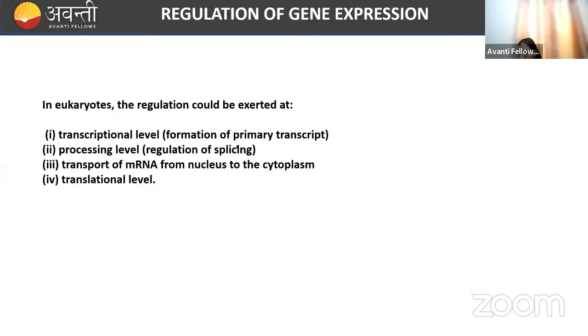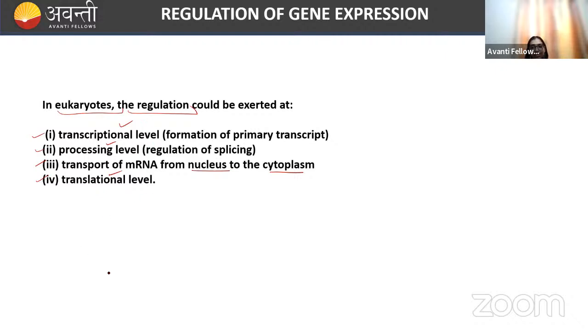Now, regulation of gene expression. In eukaryotes, the regulation could be at the transcriptional level, at the processing level, at the translational level, and at the transport of mRNA from the nucleus to the cytoplasm. Remember where the regulation takes place in eukaryotes.